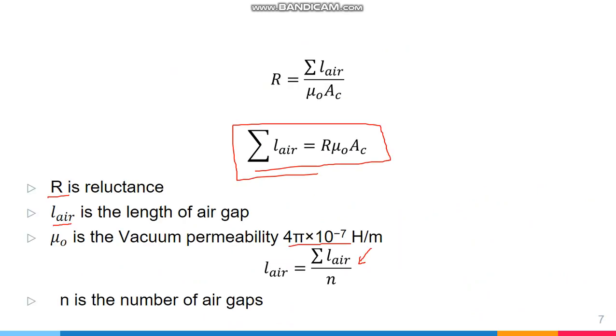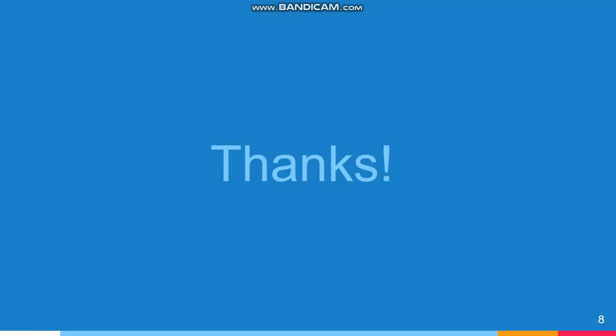It will be used in another equation to find the summation of this L air gap, and then this L air gap will be divided by the number of air gaps, and I will get the air gap that I need to have between these cores in order to avoid saturation. So that's it. Thank you very much.